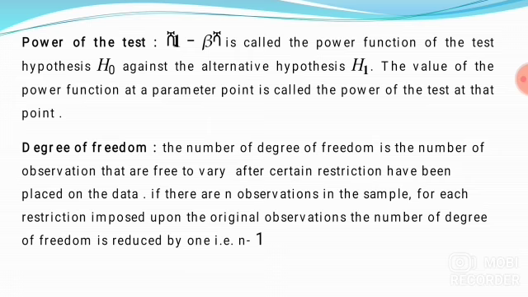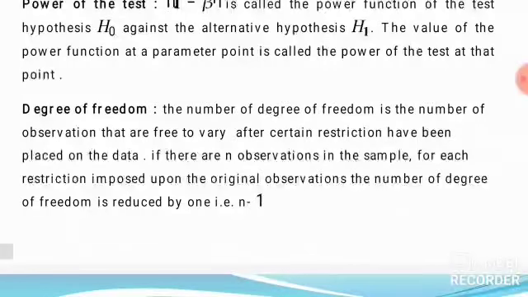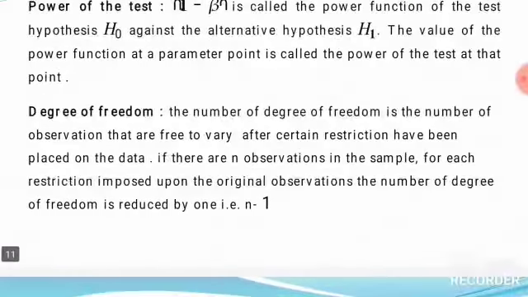Now, what is degree of freedom? The number of degrees of freedom is the number of observations that are free to vary after certain restrictions have been placed on the data. If there are n observations in the sample, for each restriction imposed upon the original observations, the number of degrees of freedom is reduced by 1.